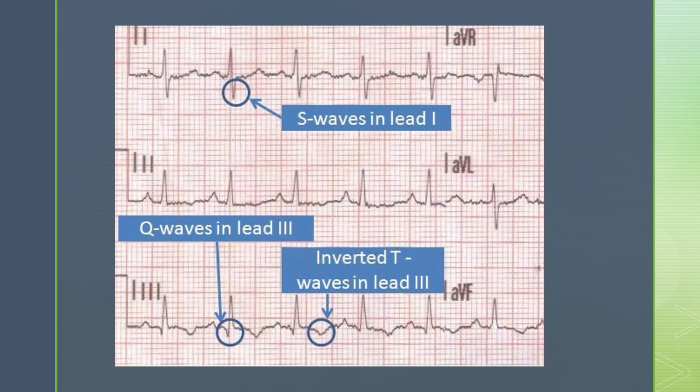You may look for certain signs like the S1, Q3, T3 sign. It's a good sign to remember, but the S1, Q3, T3 pattern may be rare. You may get deep S waves in lead 1, Q waves in lead 3, inverted T waves in lead 3 in a case of pulmonary embolism, and he may later on go on and develop chronic pulmonary hypertension.